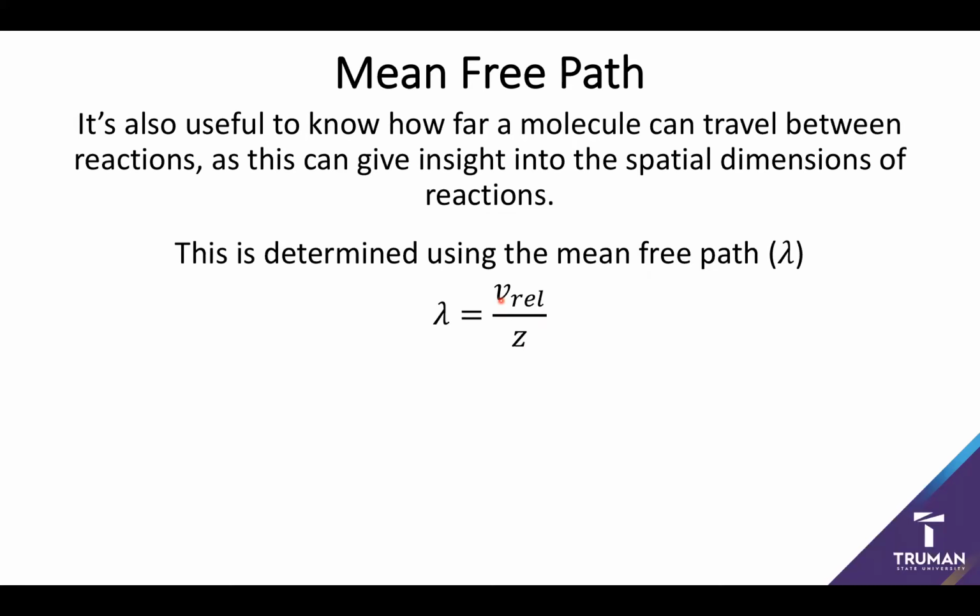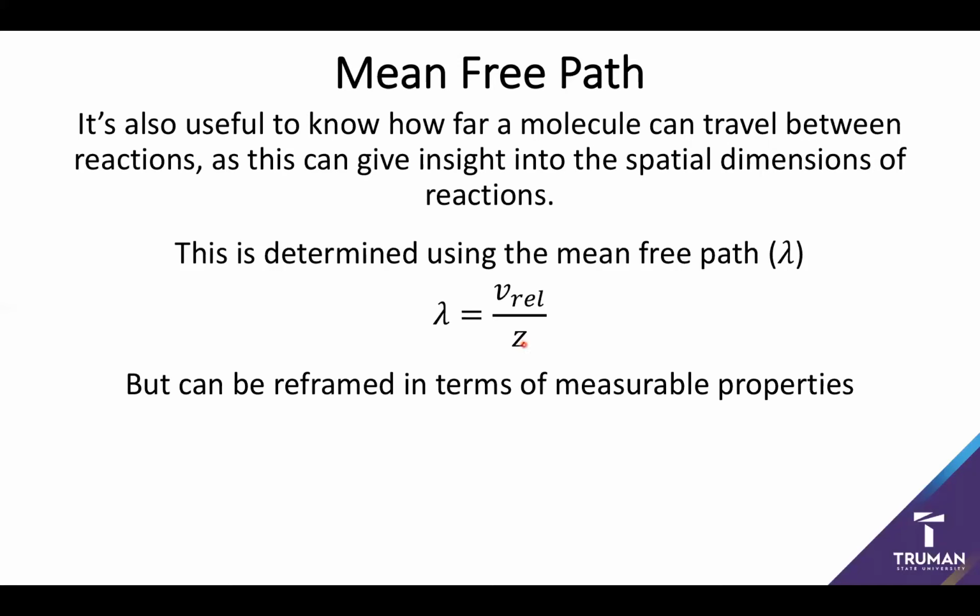So if I know how fast it travels, and I know how many collisions occur per second, this will essentially give me how far it will travel before that first collision, on an average sort of tendency.